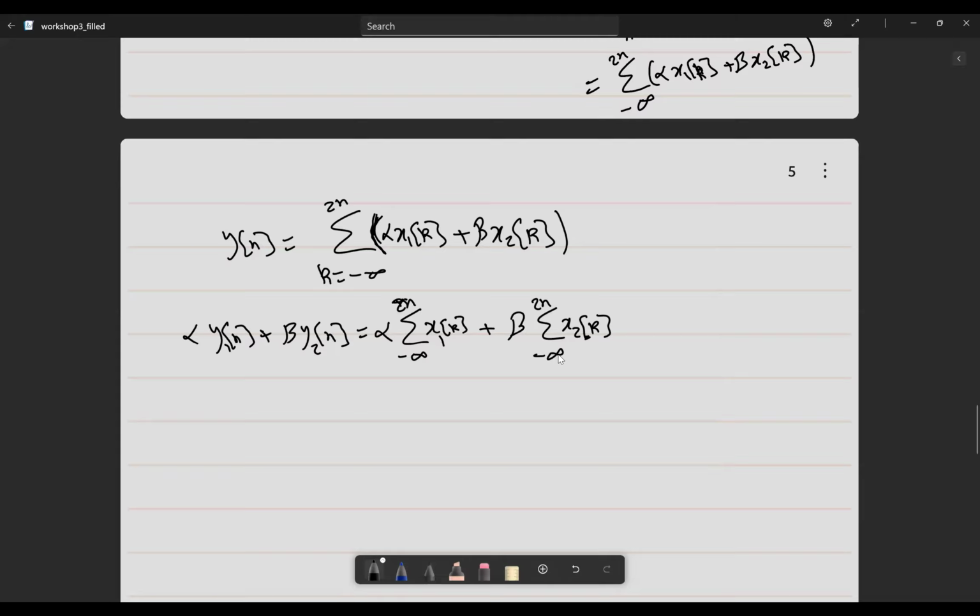Are those the same? Yeah, they are the same, right?